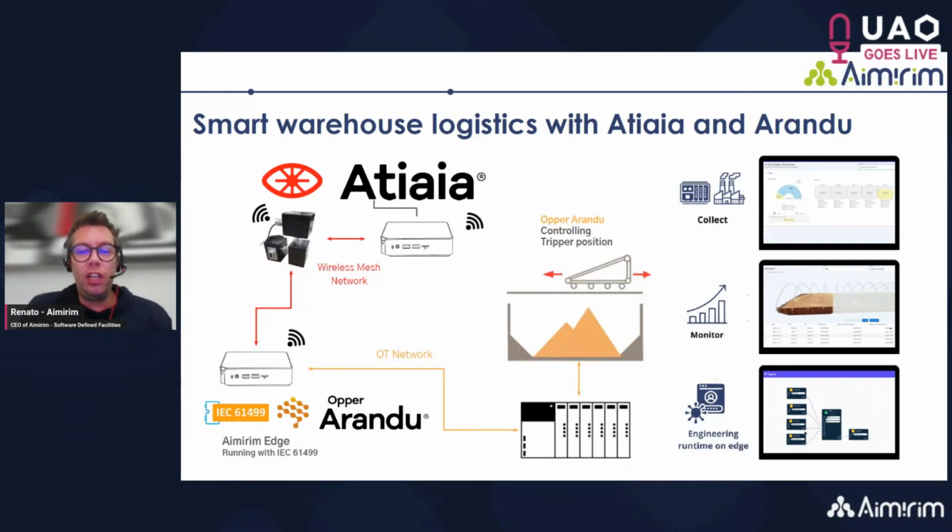And this controlling on the tripper positioning is performing an advanced process control for a better logistics for the client. So in our opinion, it's like a brand new application of advanced process control plugged with a high performance IoT sensor that we developed, and all this enabled with the 61499.